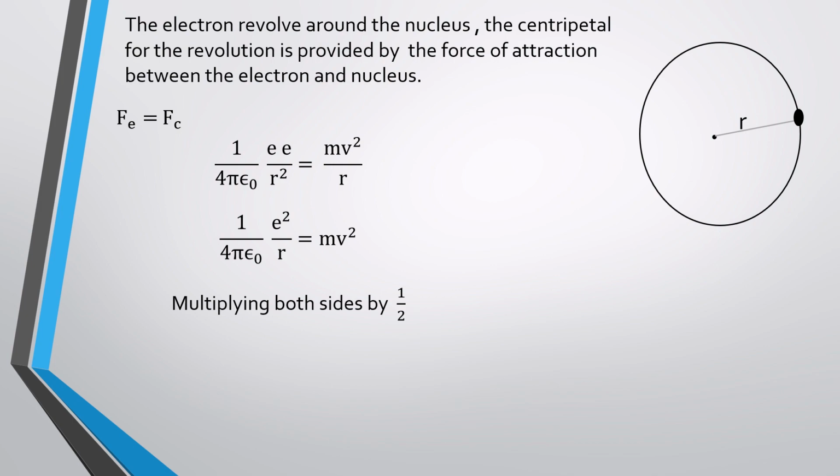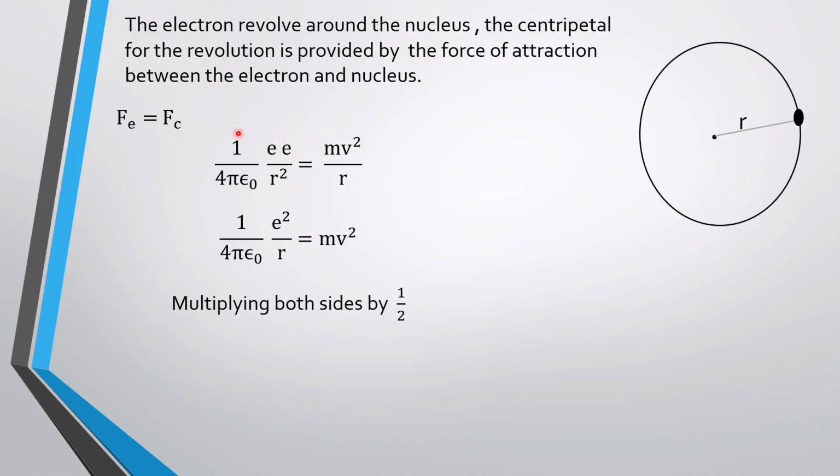The equation for Fe is 1 by 4 pi epsilon 0 q1 q2 by r square. Here q1 is the charge of proton, it is e, and q2 is the charge of electron, it is also e. So we get 1 by 4 pi epsilon 0 e square by r square.